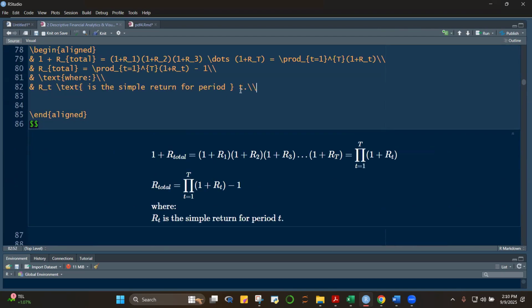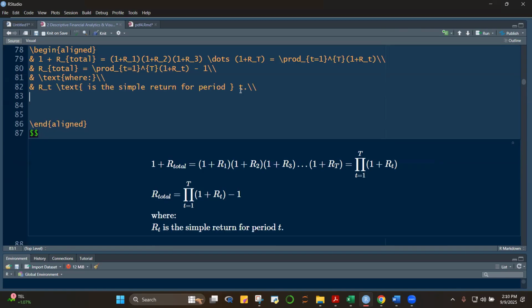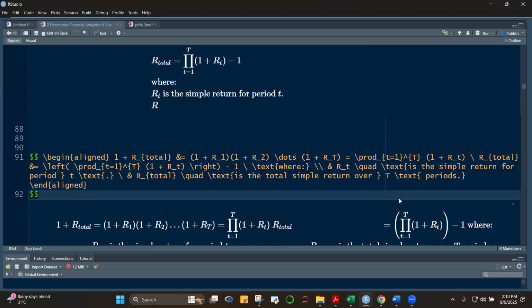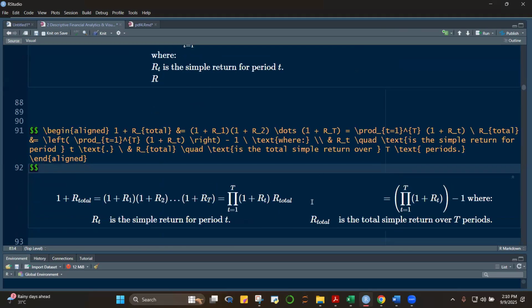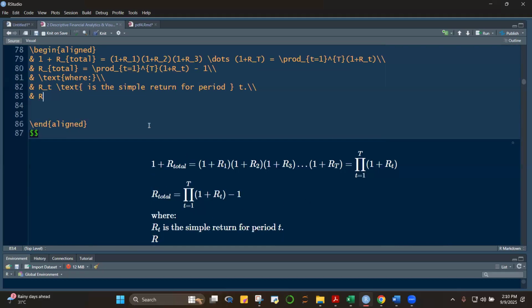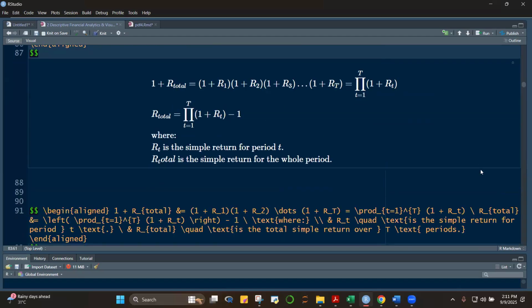Then double backslash, and R. What's the next one? R total. R underscore total, slash text, parent curly bracket, space, is the simple return for the whole period. And put period there or outside.